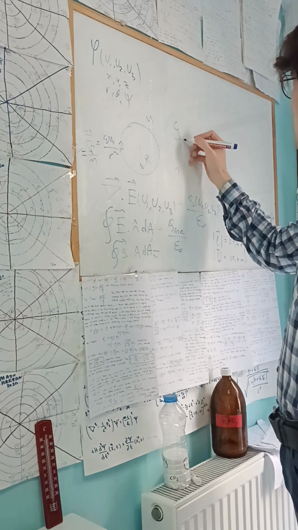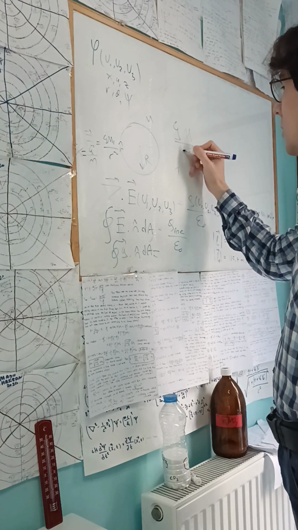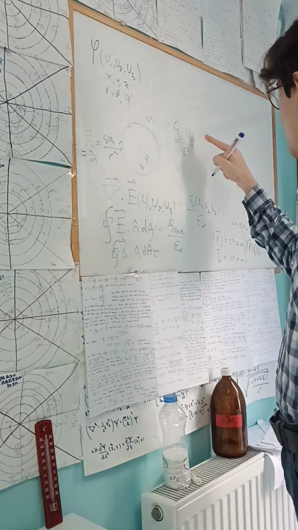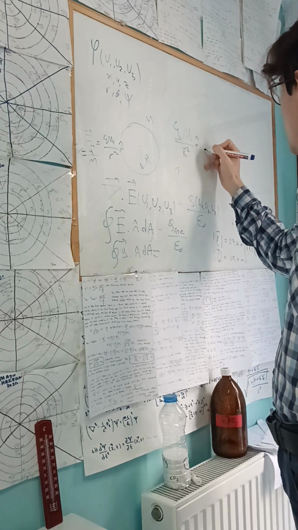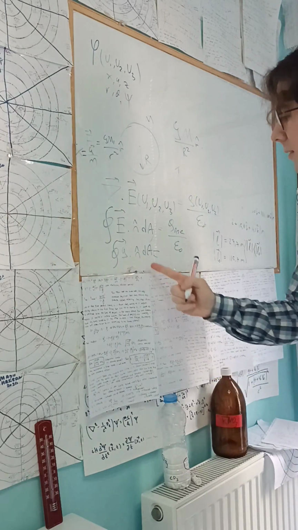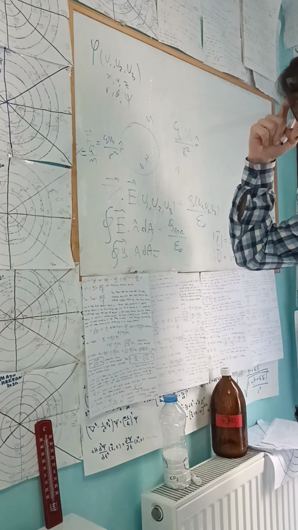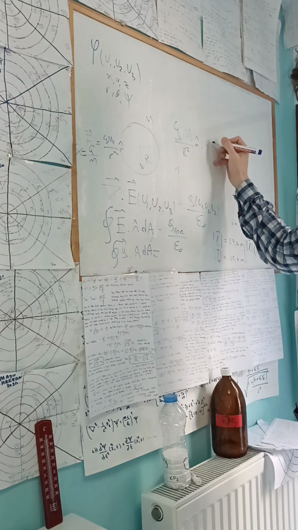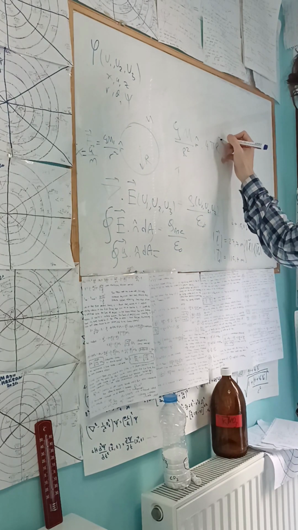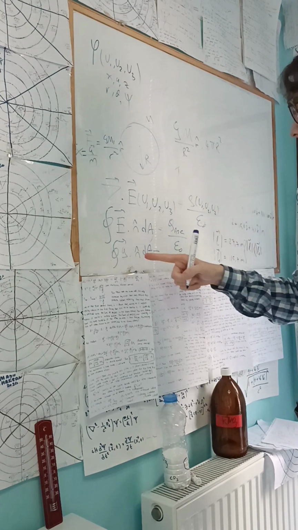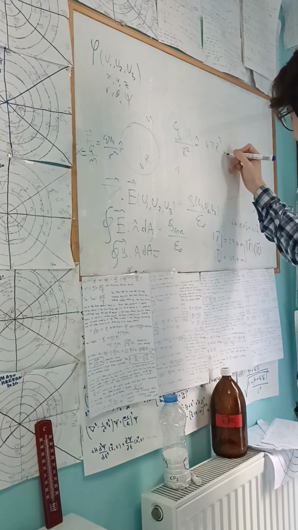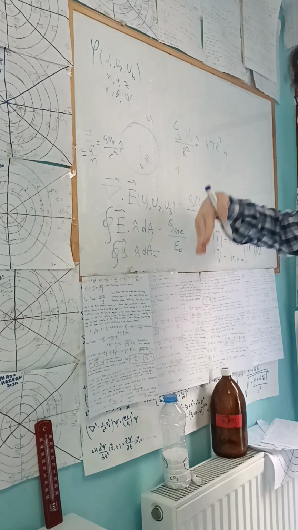Here it is, G m over r squared, dot product dA. What is the surface area of the sphere? It is actually 4 pi r squared, right? And it is directed or pointed in the radial direction.